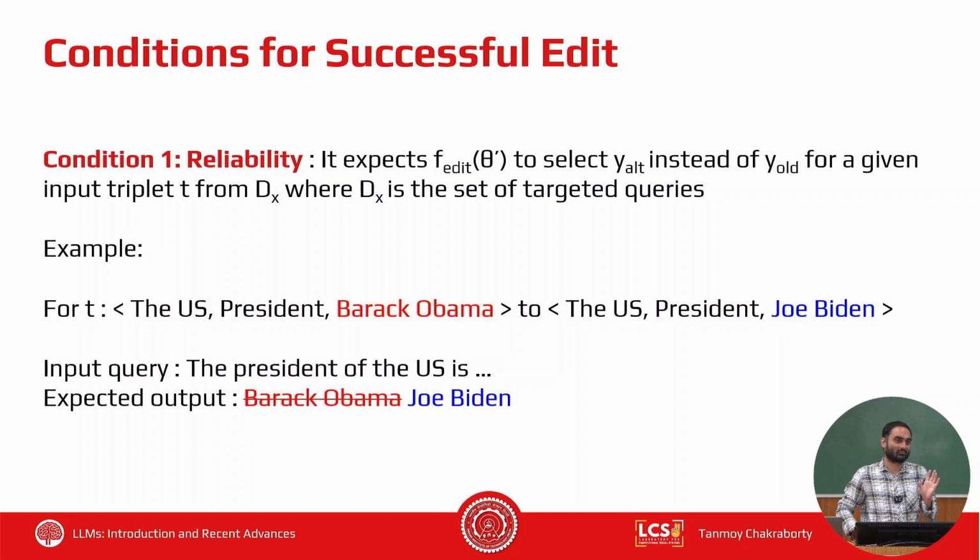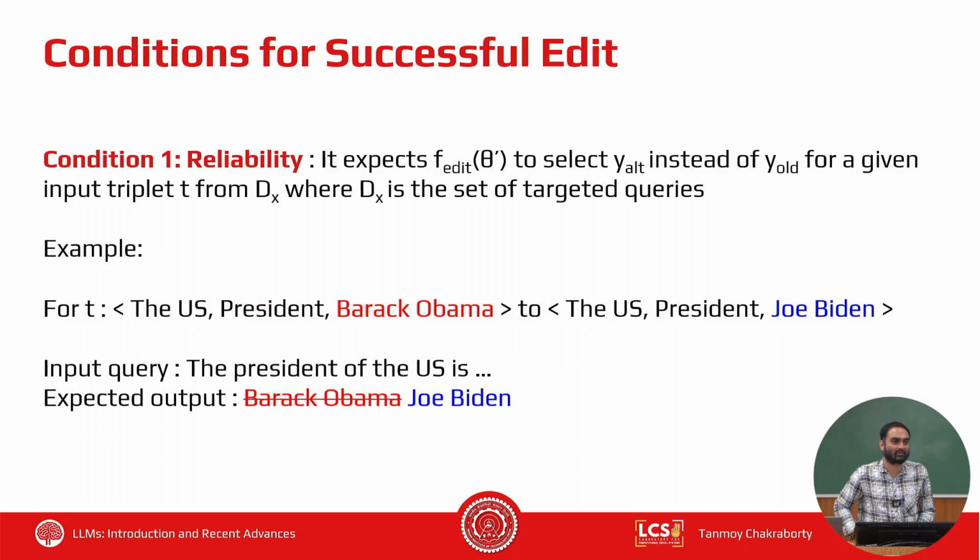Similarly, think about it. When you edit a piece of knowledge, it may happen that some of the related knowledge also gets updated, which should not have been updated. So let's say you updated the fact of who is the current president of the United States, and the updated output is Joe Biden.